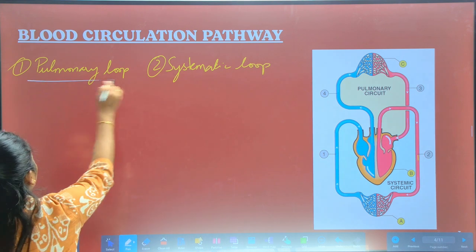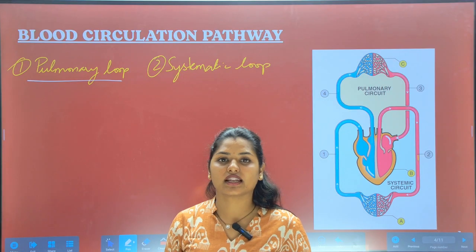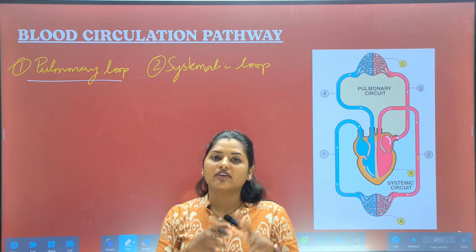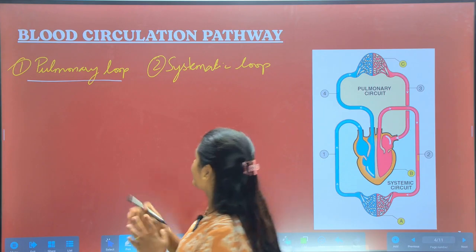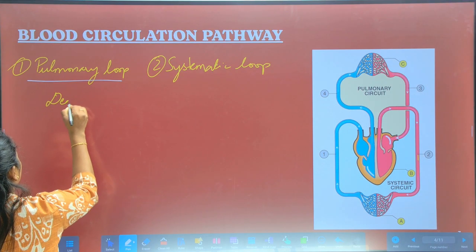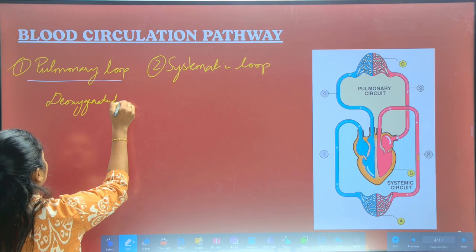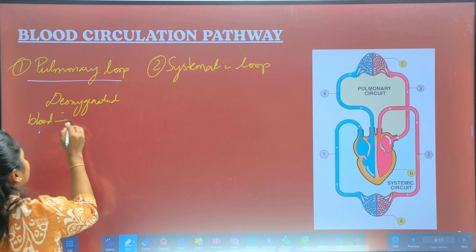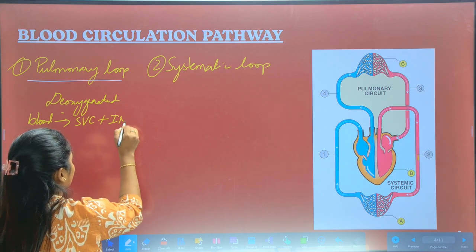So in the pulmonary loop, what happens? The deoxygenated blood from every part of the body is collected with the help of the superior vena cava and inferior vena cava, and from there the deoxygenated blood passes to the right atrium. So here, coming to the first step, deoxygenated blood is collected with the help of superior vena cava plus inferior vena cava.